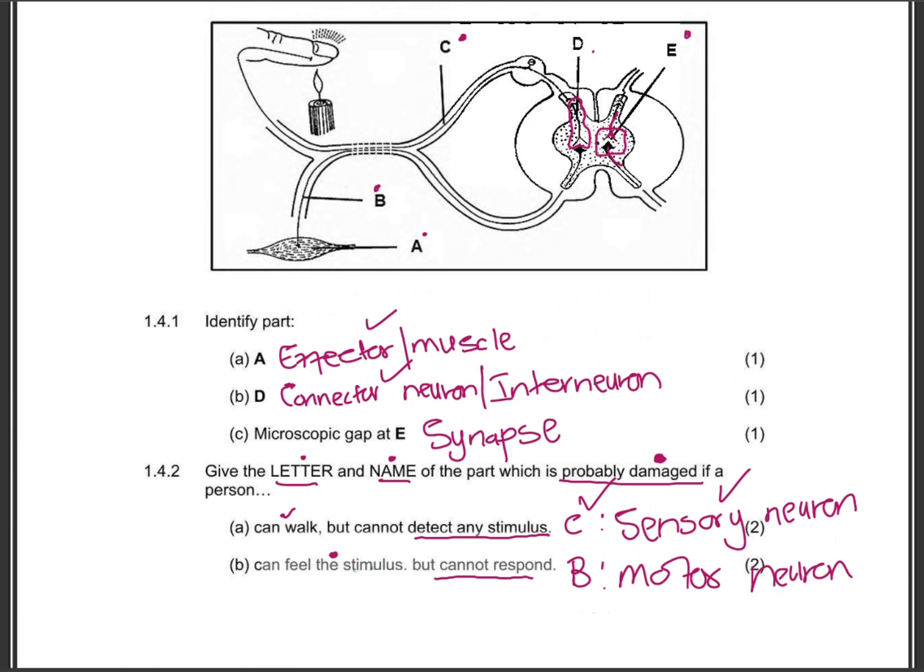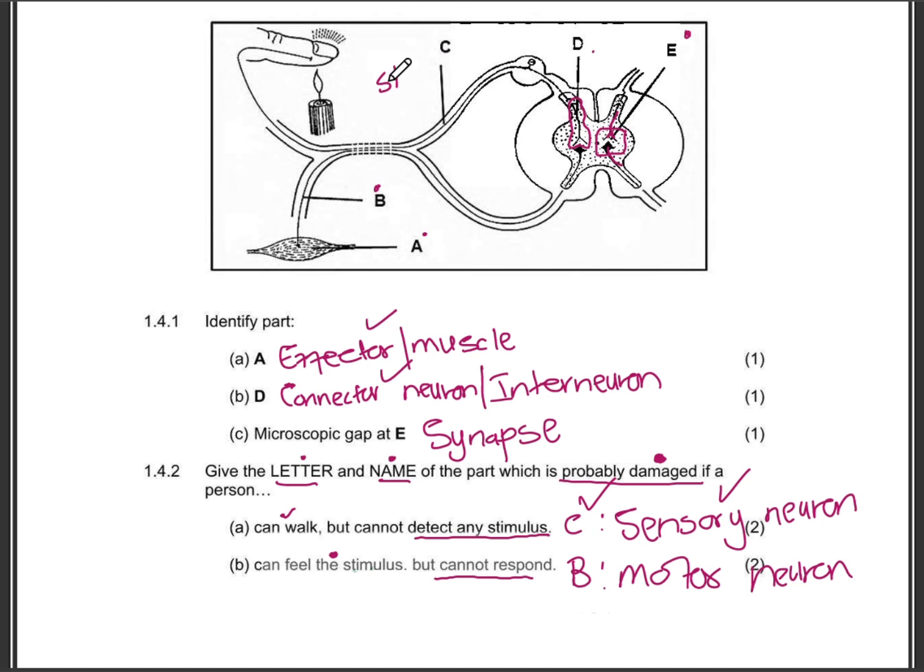So where does it start? So receptors receive the stimulus, convert it into an impulse, and that impulse will be transmitted by the sensory neuron. Excuse me guys, so that will be the start, C.